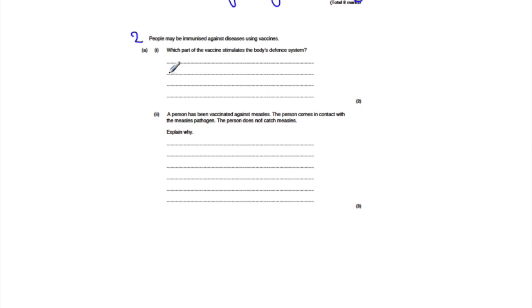And what they're looking for is the fact that you're going to inject somebody with either a dead or a weakened, you could also put there an inactive form of the pathogen, and if not pathogen, then that would read bacterium, virus or microorganism. What they wouldn't like is for you to put simply germs there. Okay, so a dead or weakened pathogen for the 2 marks.